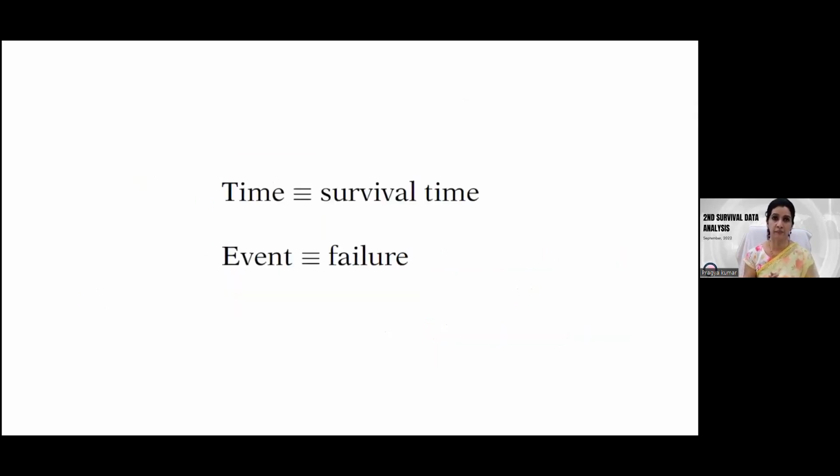So the time to that event is known as the survival time, and the event is always a failure. Usually this survival time originates from cancer survival patients, where the event was death. So that death is a failure.